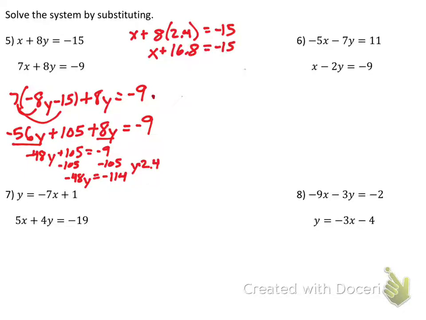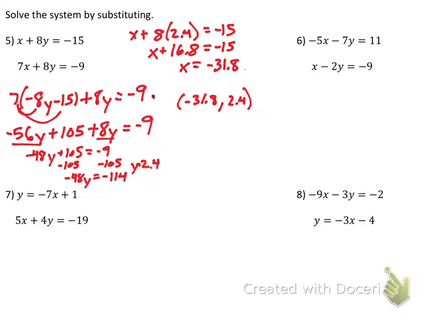So then I'll take negative 15 and I'll minus 16.8. So then x is equal to negative 31.8. So this one's final answer would be negative 31.8 and then 2.4.